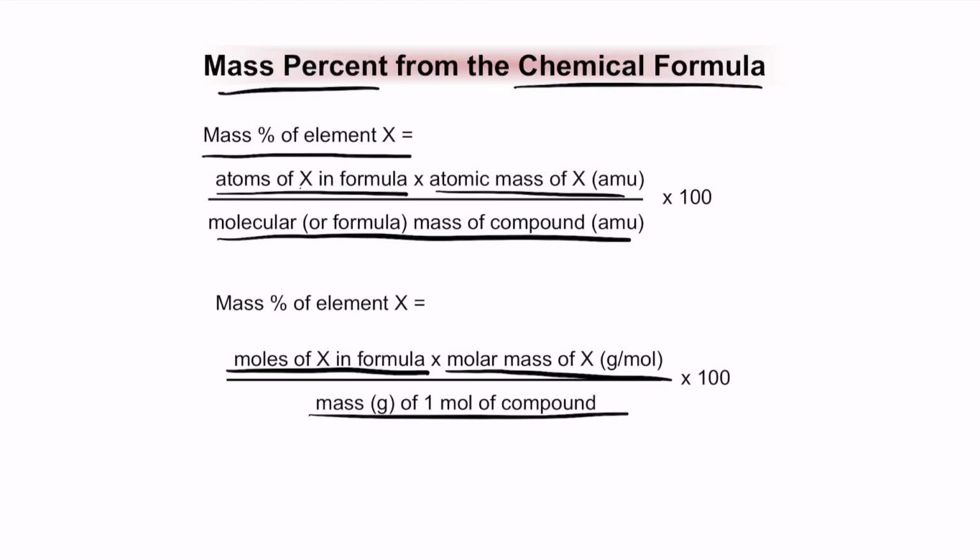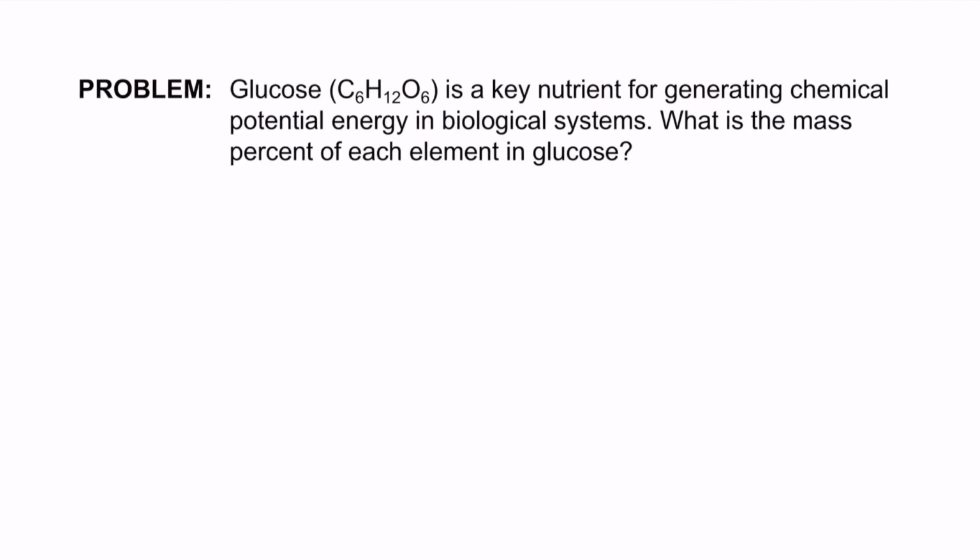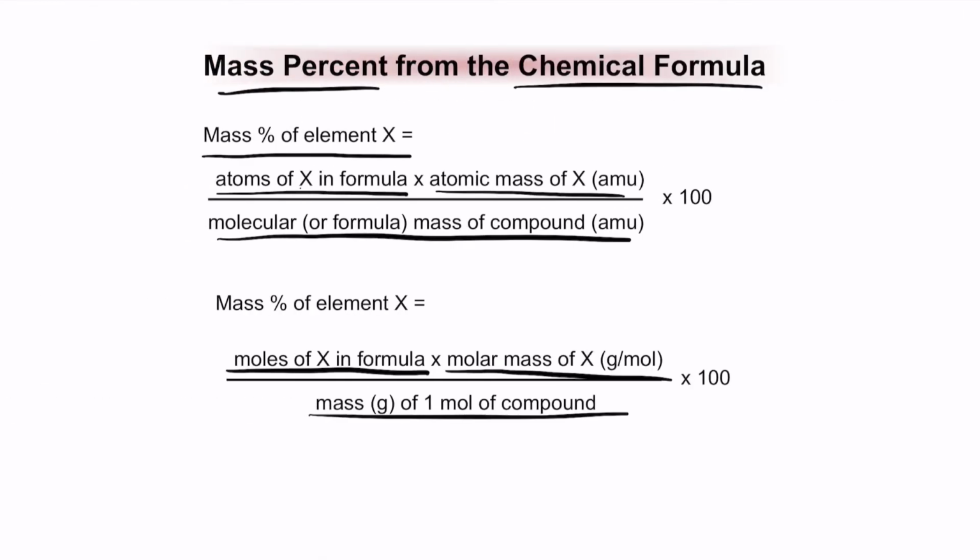Now let's take a simple example and see if we can find each of these mass percentages from the values. Glucose is a key nutrient for generating chemical potential energy in biological systems. What is the mass percent of each element in glucose? I'll be using the second formula because it's much easier.